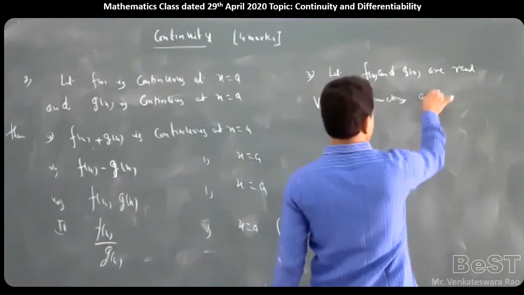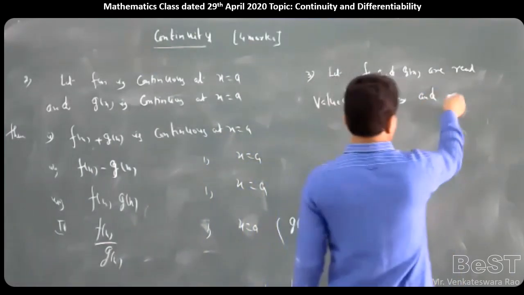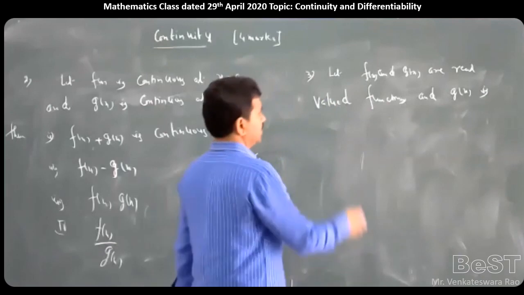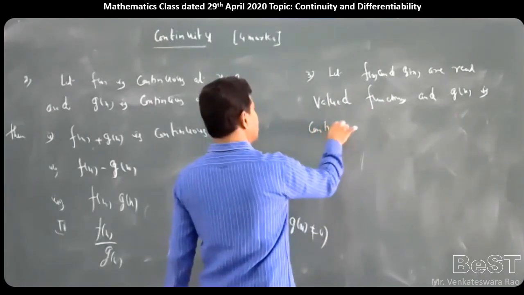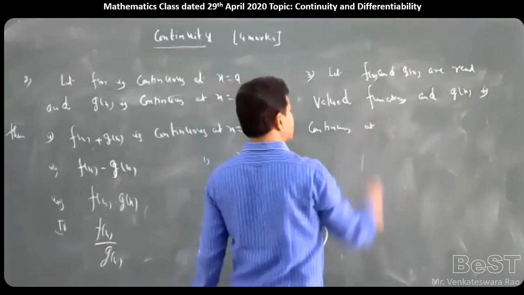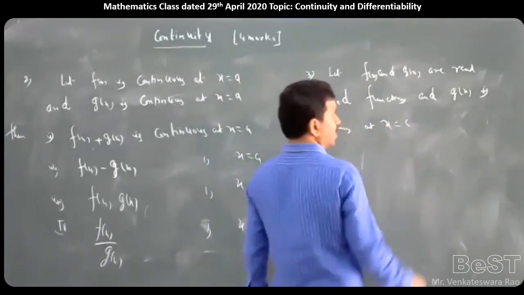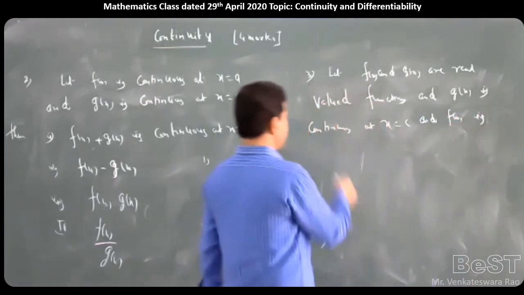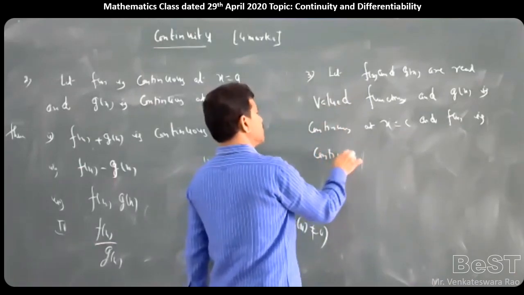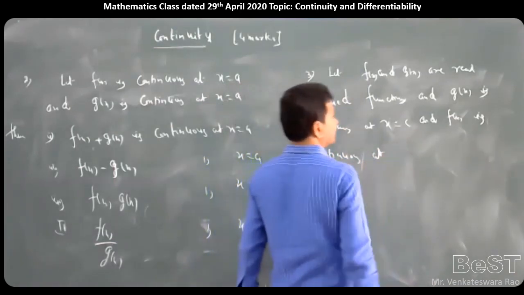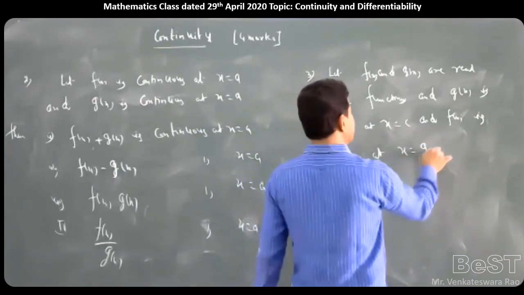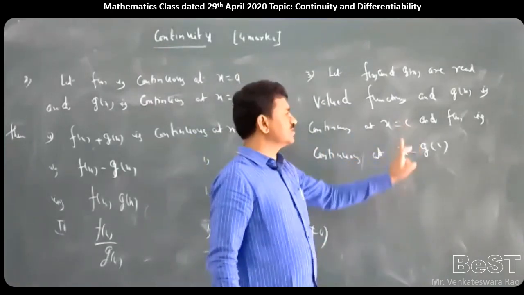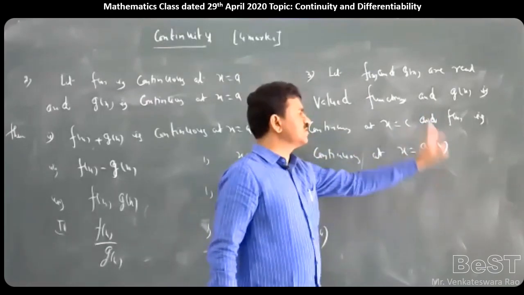Now, g of x is continuous at x is equal to c, and f of x is continuous at x is equal to g of c.